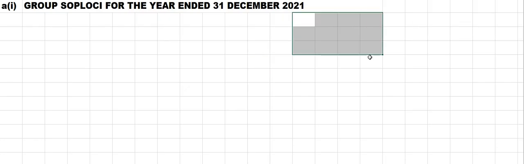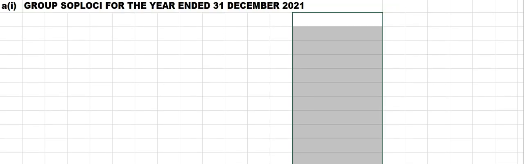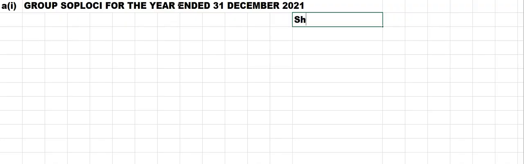So that's my heading, that's my first page, and that first page I'll use for the statement of profit or loss. The amounts are in shillings, millions. You've seen that.